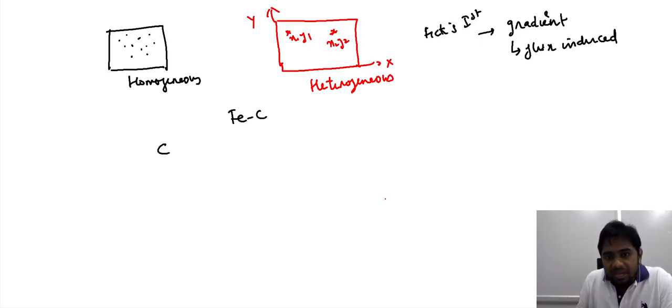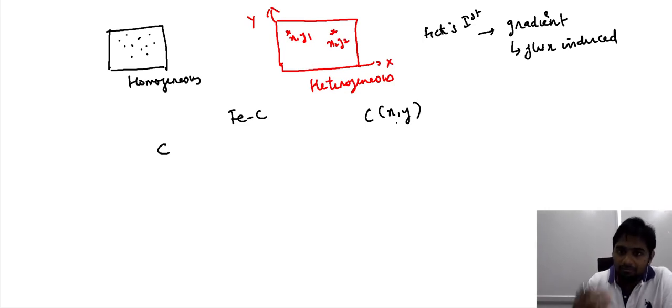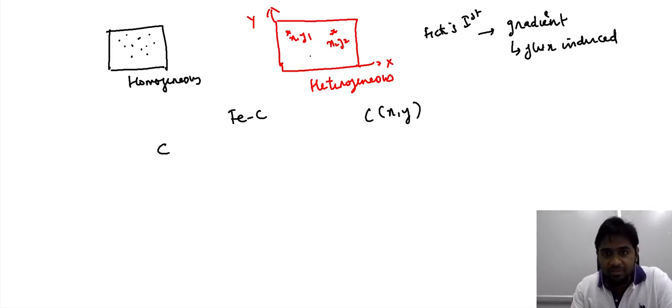Now in this heterogeneous system, the concentration is essentially dependent on the position that is described by x and y. When the concentration depends on the position, meaning the point in the space, then when you move along the space, there is a change in the concentration that we observe.